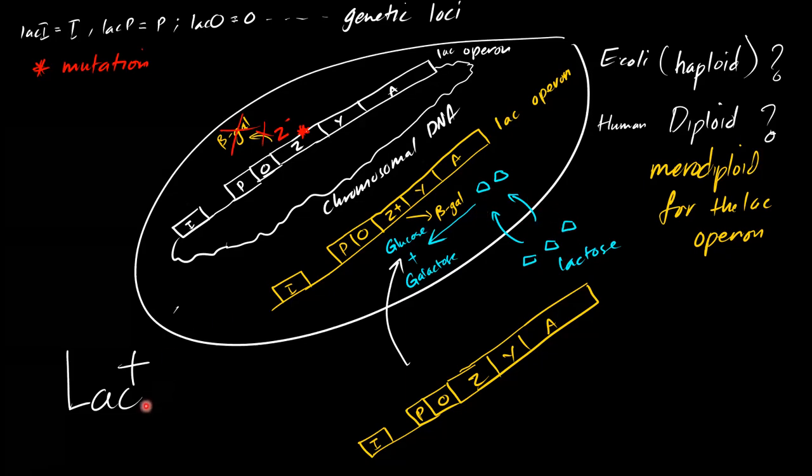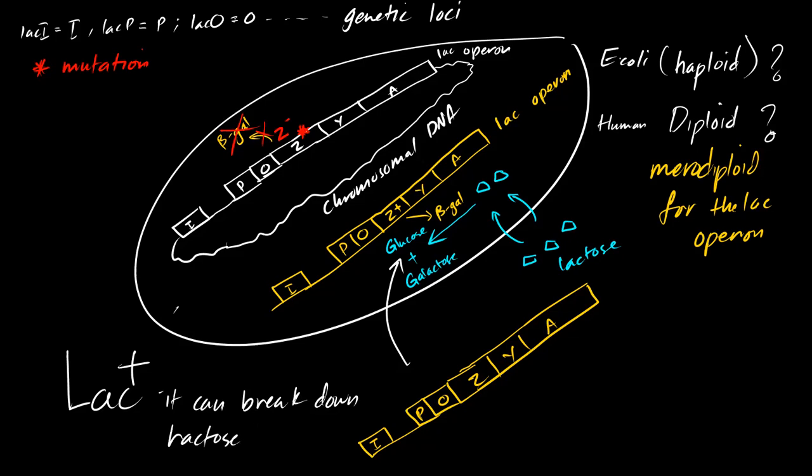Okay, to make this bacteria lac plus, which means it can break down lactose into galactose and glucose. This is what is meant by lac plus. Lac minus is the opposite. It cannot.